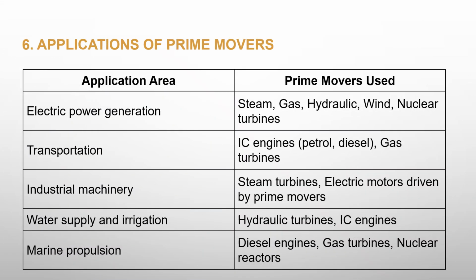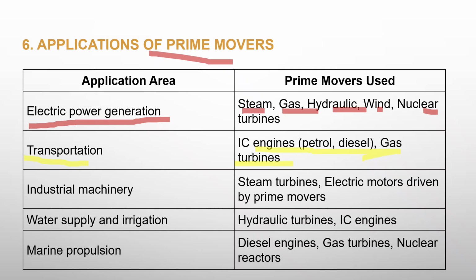Now what you can see are the different applications of the prime movers. Here different application areas are given. If you want to produce electrical energy from mechanical work, we have to go for a steam turbine, gas turbine, hydraulic turbine, wind turbine, or the nuclear power plant. If you want transportation, we have to use an IC engine, that is a petrol engine or diesel engine, or a gas turbine in aircraft.